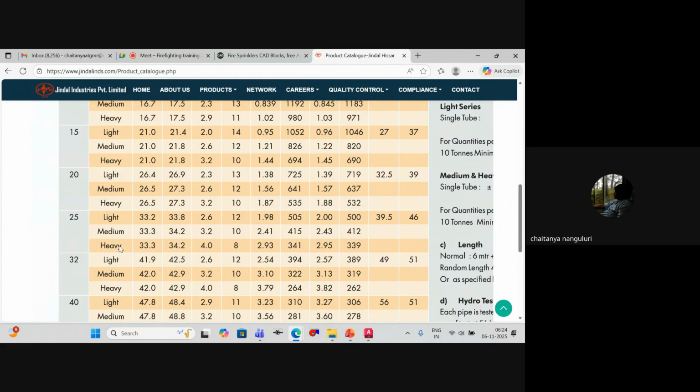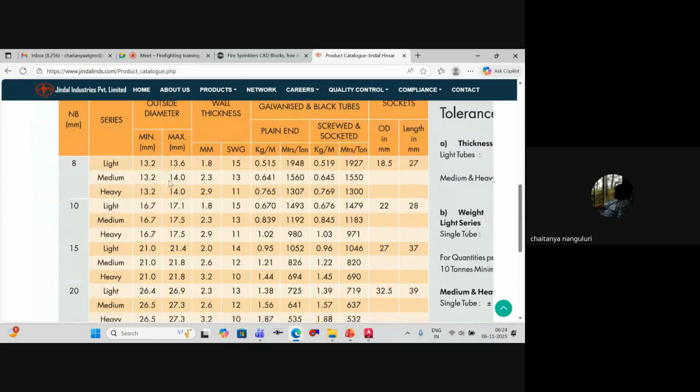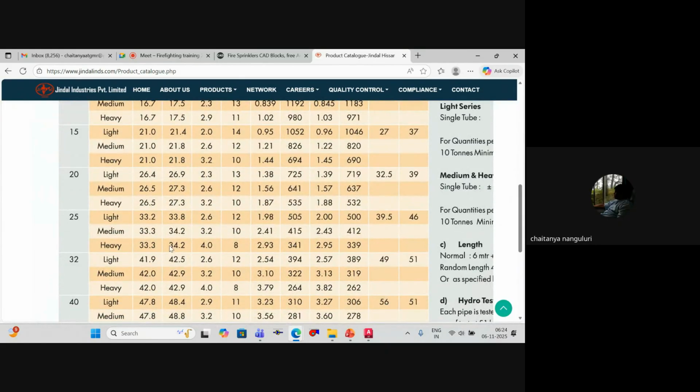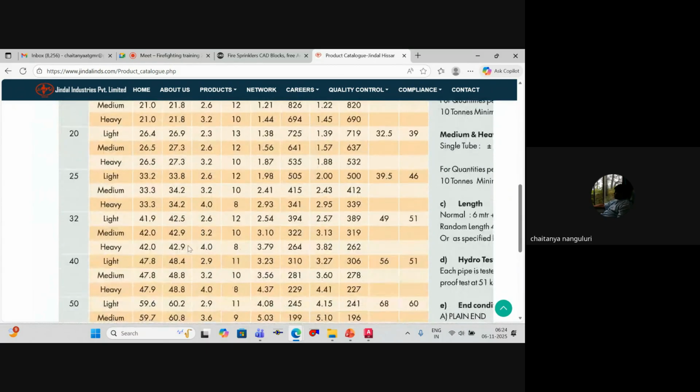Both are outer diameters. That's the tolerance that the manufacturer will provide you. And the wall thickness is 4.